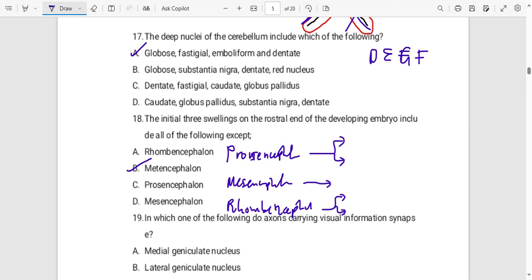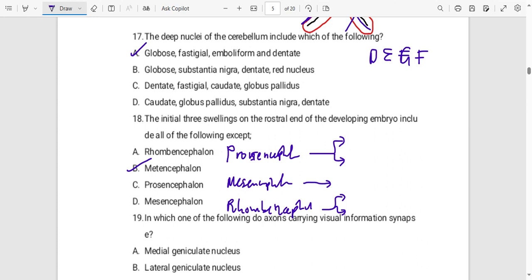Yes. And which one? So it will divide into the cerebrum. Which other part, docs? And the diencephalon. Thank you so much.